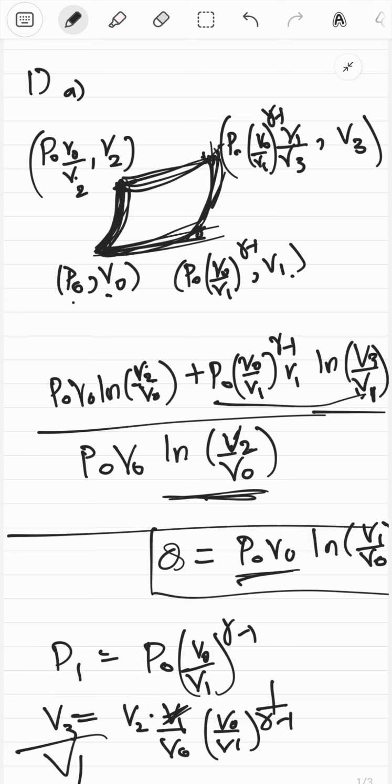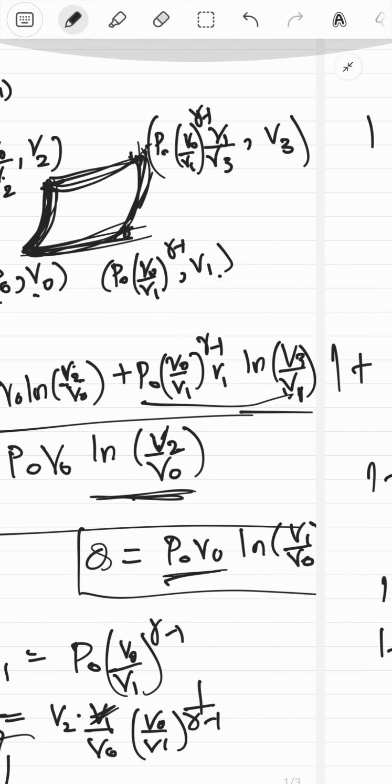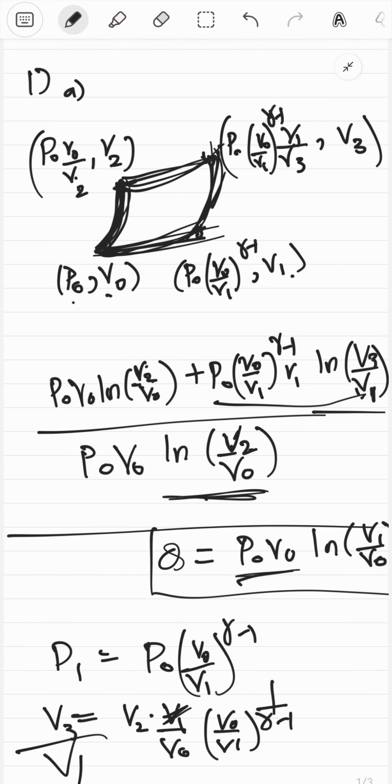PV power gamma, V power gamma over there, yes, that's okay, but just V1 upon gamma minus 1, how is that even making sense? V3 upon V1, that should be this. This should not be 1 then in that case. What the? No, something is wrong. What is wrong though?